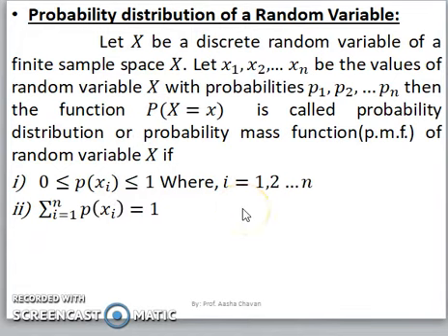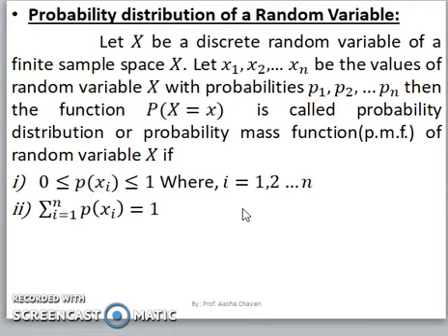Now, next topic is probability distribution of a random variable. Let x be a discrete random variable on a finite sample space. Let x1, x2 till xn be the values of random variable x with probabilities p1, p2 till pn. Then the function p of x equal to small x is called probability distribution or probability mass function of random variable x if it satisfies these two conditions.